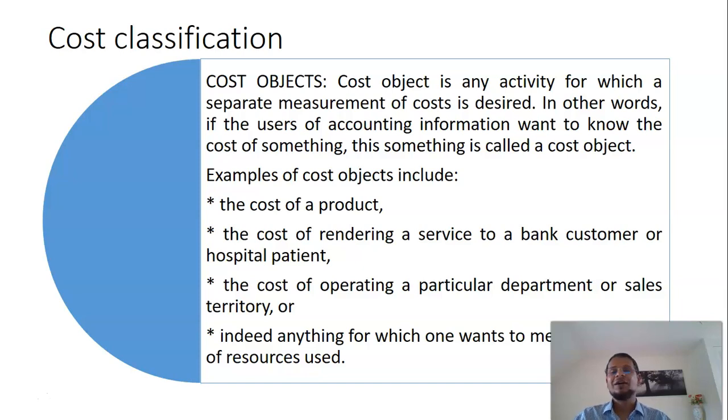How much expenditure does a hospital need to spend to provide the service to a patient? Or the cost of operating a particular department. What's the cost of a department? Sales department, manufacturing department, or different departments. How much cost does that particular department need to run in a particular year?